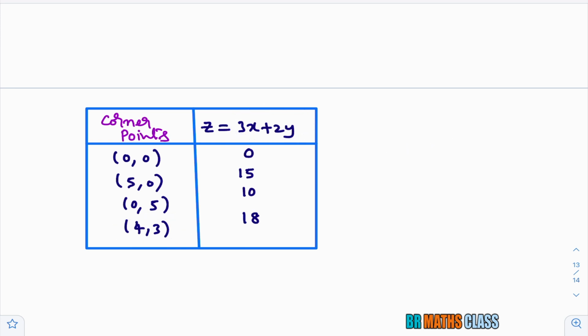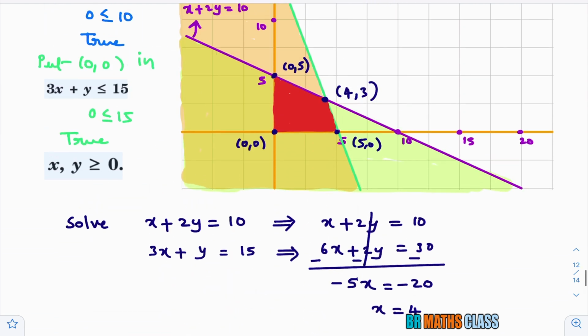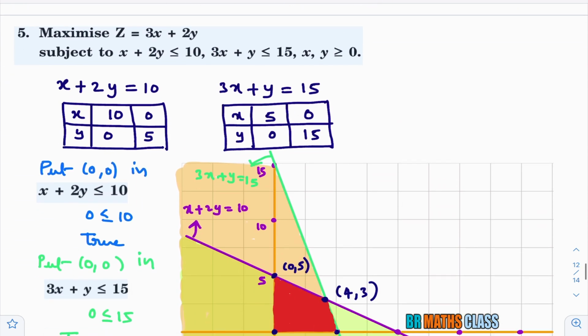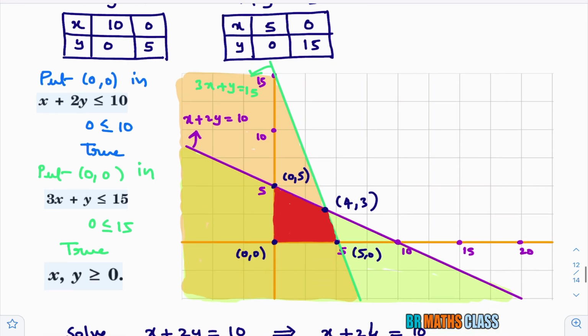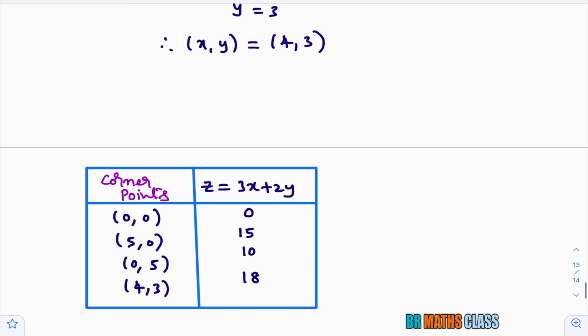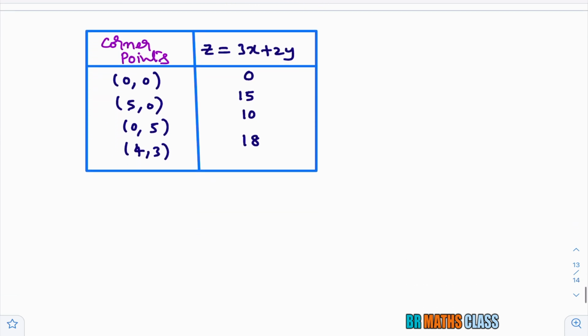So step 2 is also over. What is step 2? We identified corner points and we substituted corner points in the objective function. What are they asking in the question? They are asking us to maximize. As the feasible region is a bounded feasible region, it is important. From this table you identify the maximum value as they are asking to maximize.